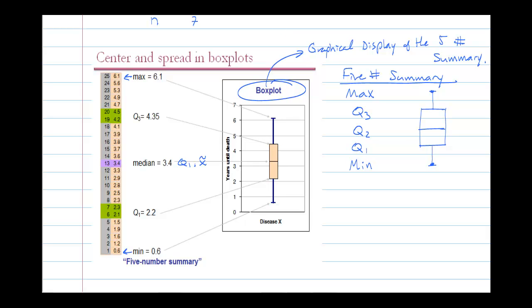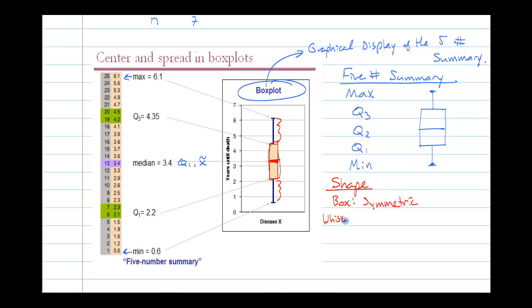One thing I would like to talk about with this particular box plot is the shape of the box plot. First of all, it looks to me that this box in the middle and this line is perfectly centered. That's indicative of a symmetric distribution. So the box part says symmetric. Now here, these distances appear to be very similar, so the whisker part says symmetric.